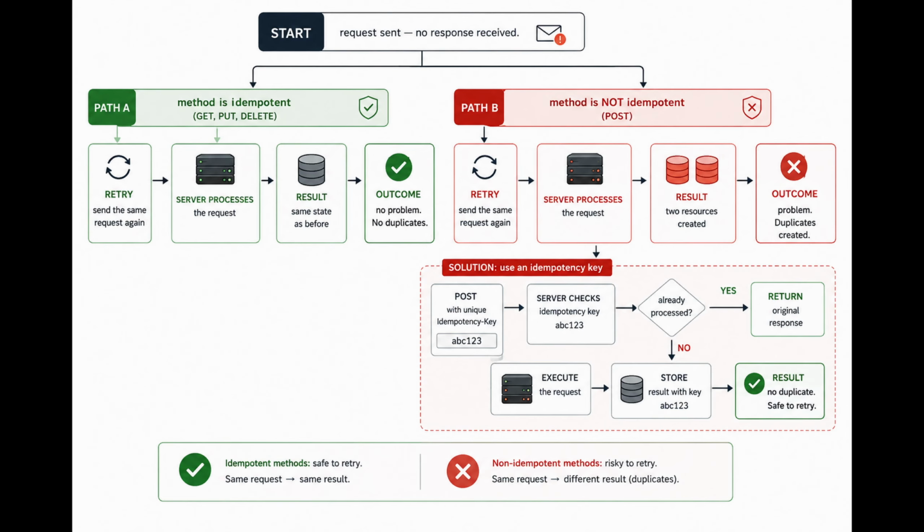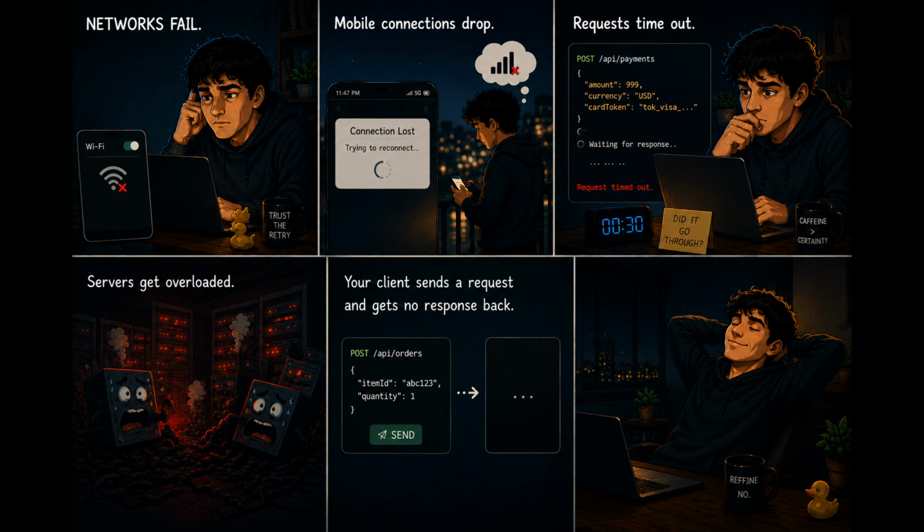Okay, I have said idempotent enough times now that it's lost all meaning. Let me make it concrete. Networks fail. Not sometimes, constantly. Mobile connections drop. Requests time out. Servers get overloaded. Your client sends a request and gets no response back.